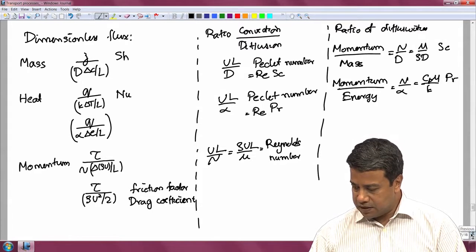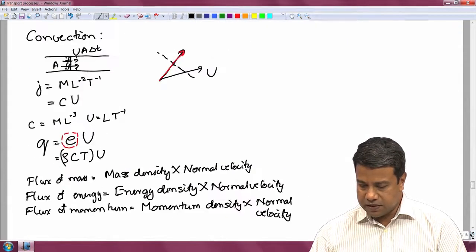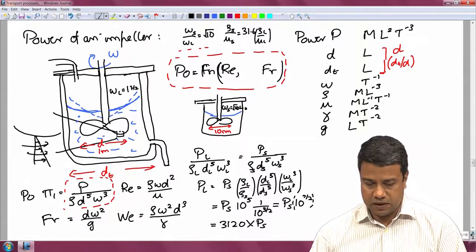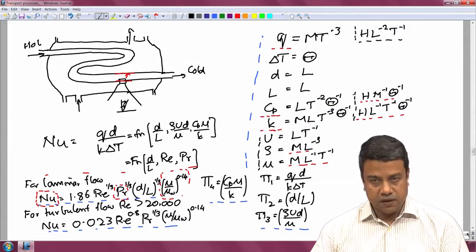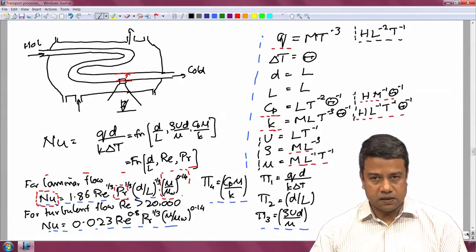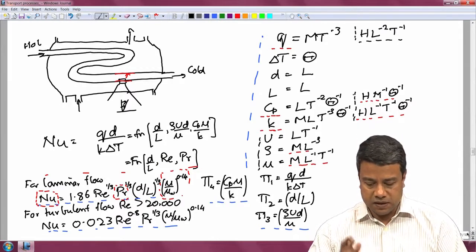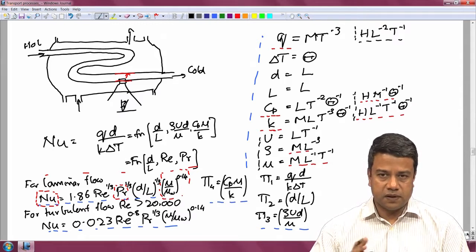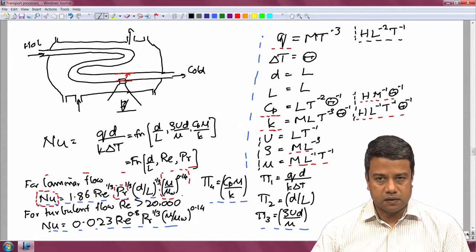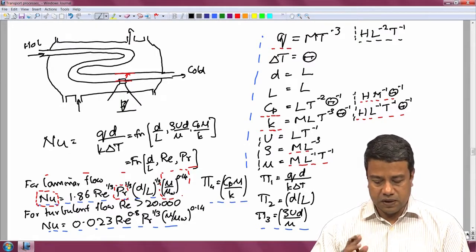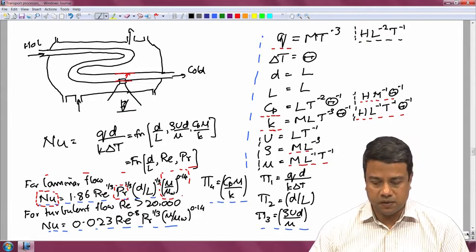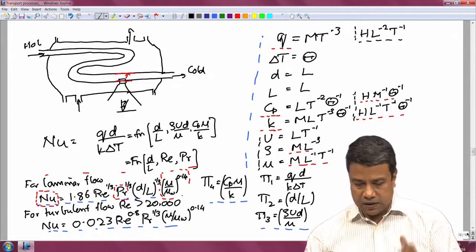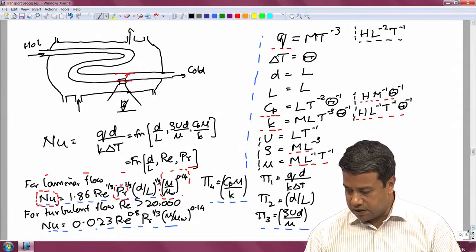And you can see that this encompasses almost all of the dimensionless groups that we had. In the case of the heat exchanger problem, all of the groups are included here. The Nusselt number is the dimensionless flux, Reynolds number, ratio of momentum convection and diffusion, Prandtl number, ratio of momentum diffusion and thermal diffusion, apart from the ratio of lengths.